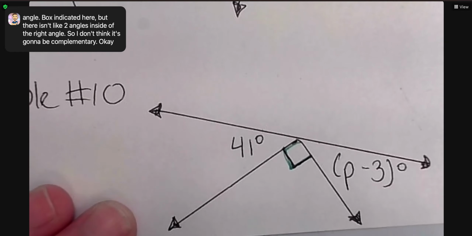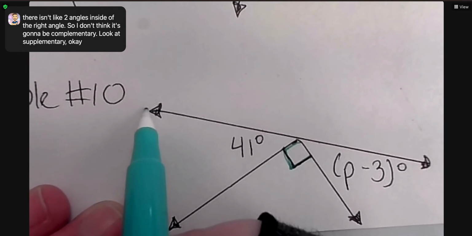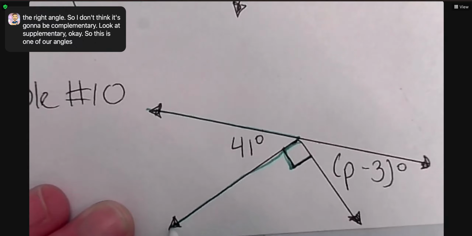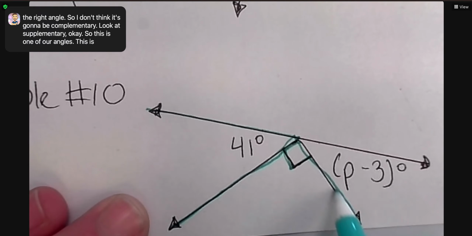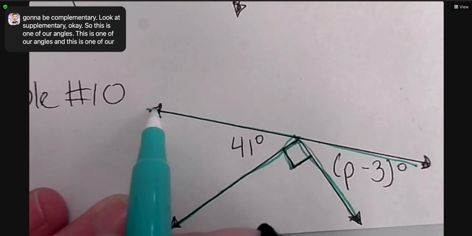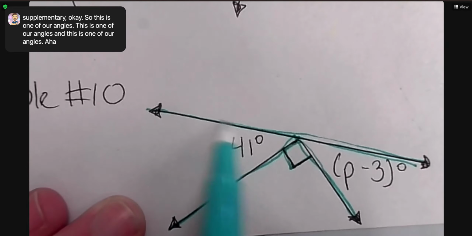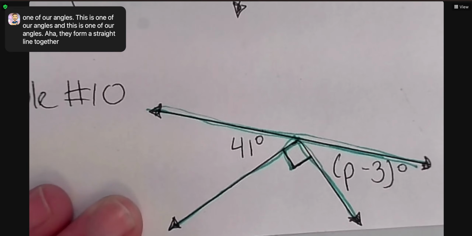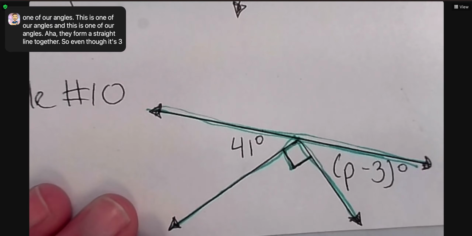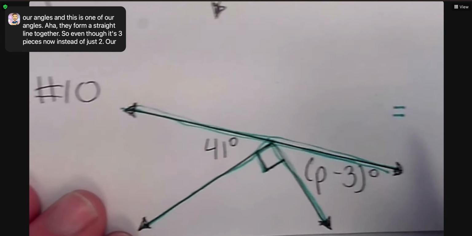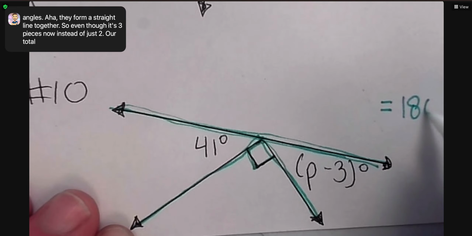Look at supplementary. If this is one of our angles, this is one of our angles, and this is one of our angles, aha, they form a straight line together. So even though it's 3 pieces now instead of just 2, our total is still going to be 180.